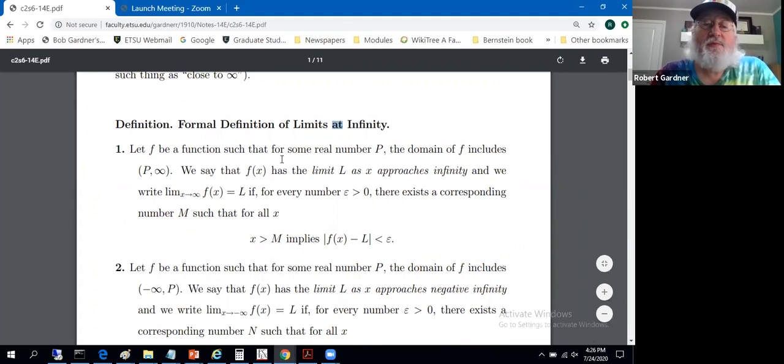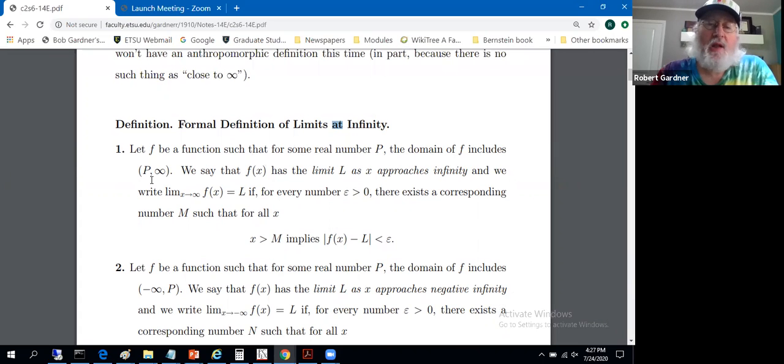Let f be a function such that for some real number p, the domain of f includes the interval from p to infinity. So the function's defined for large input values. How large? Well, this number p determines how large you have to go before you're ensured that the function's defined.